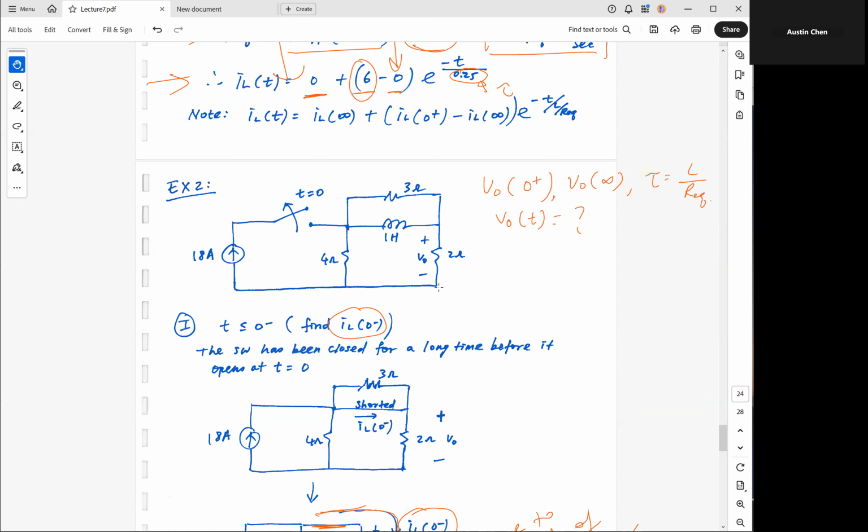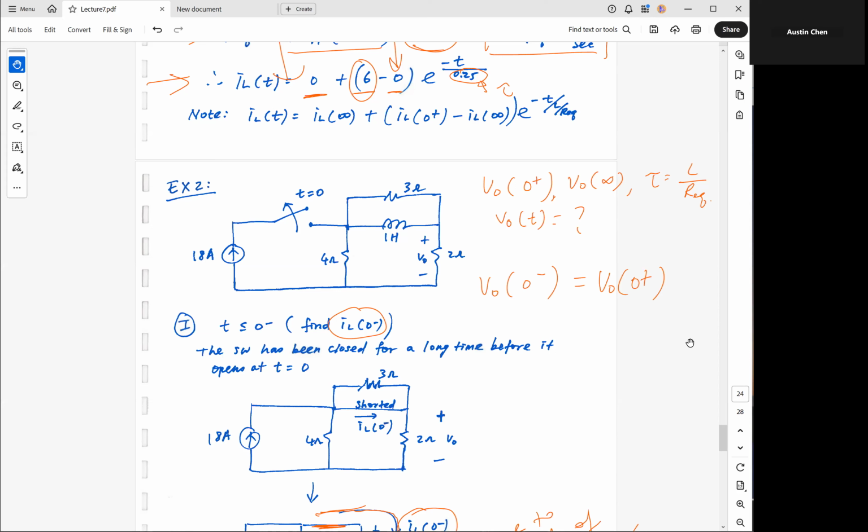Some of you may be wondering, why can I not first find V0 at 0 minus, and then use the property of continuity to equate it to V0 at 0 plus? In other words, why don't we look at the circuit before the switching event, find this one, and then set it equal to V0 at 0 plus?